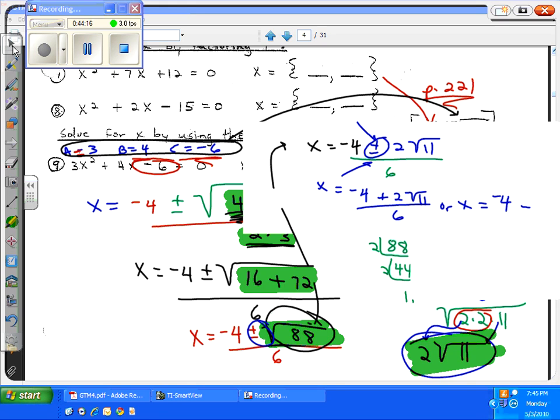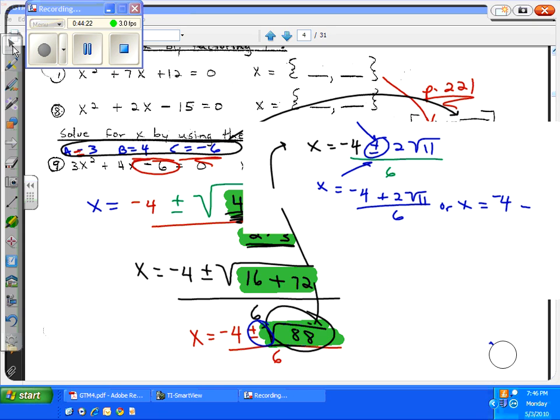Let me make myself some space here. Problem's taking a little bit of room. That didn't stay going away, did it? Or x is equal to negative 4, now to the minus 2 square root 11 over 6.